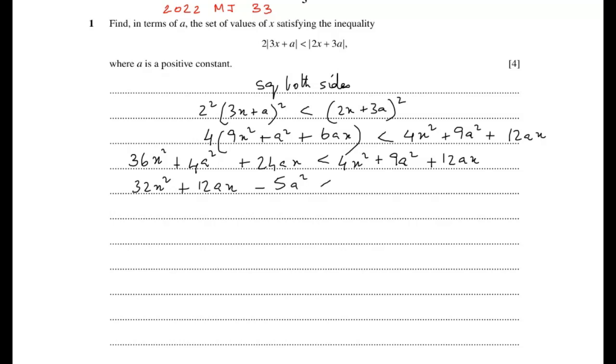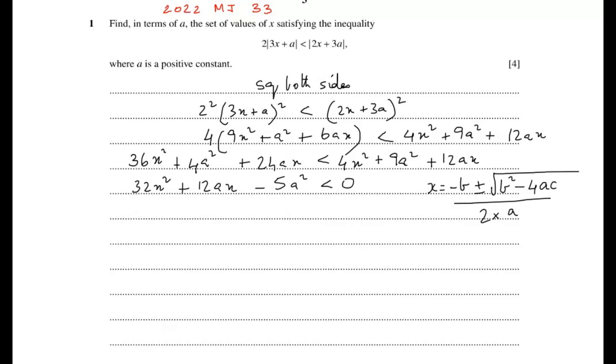0. So I'm now going to solve this quadratic using the quadratic formula. Remember, the quadratic formula is x is equal to minus b, which is the middle term, plus minus root of b squared minus 4 into the coefficient of the first term into the constant, divided by 2 times the coefficient of the first term.